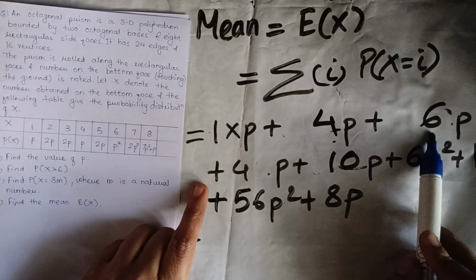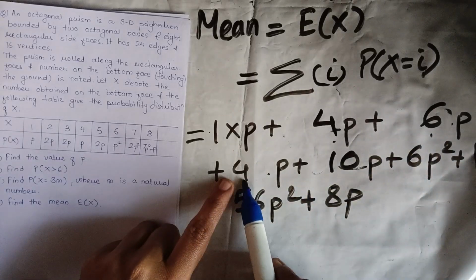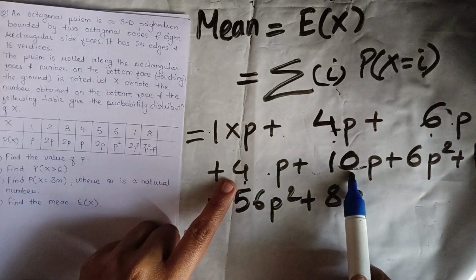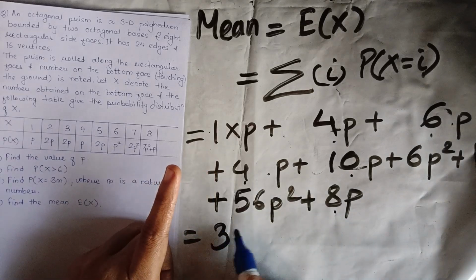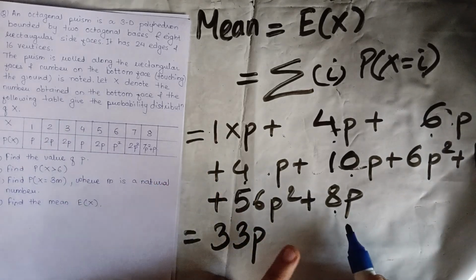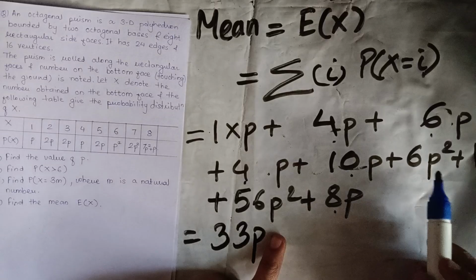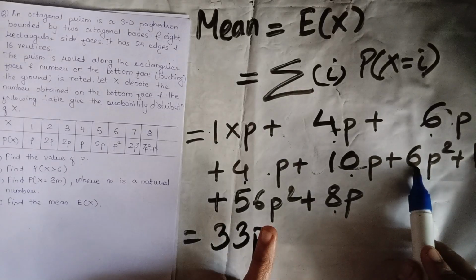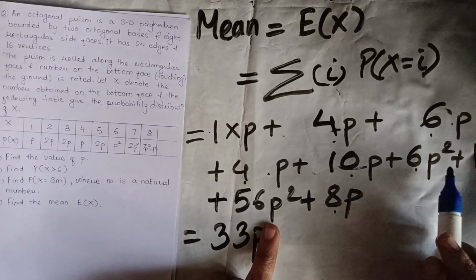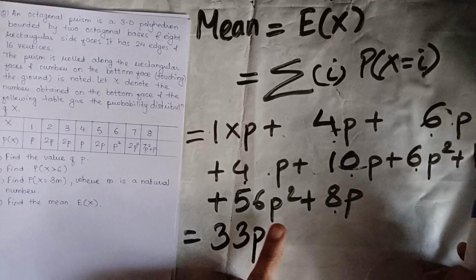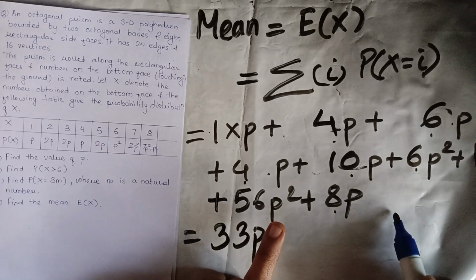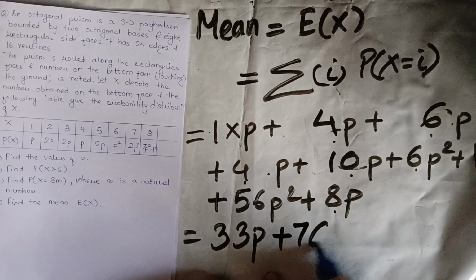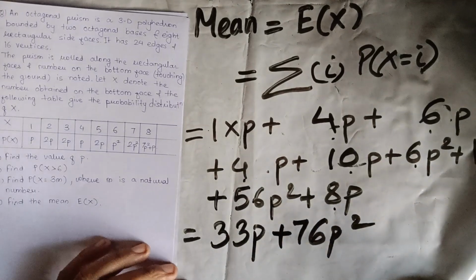Adding: 5, 11, 15, 25, 33. Then 20, so 66P... 76.